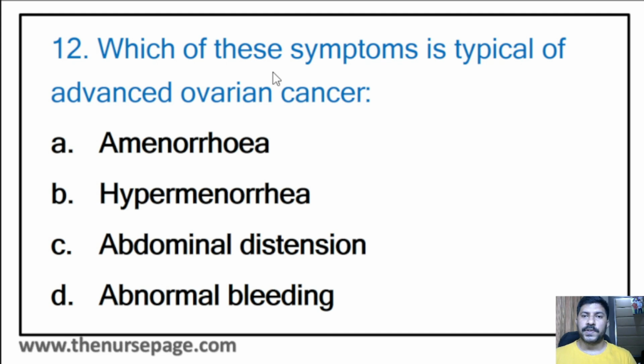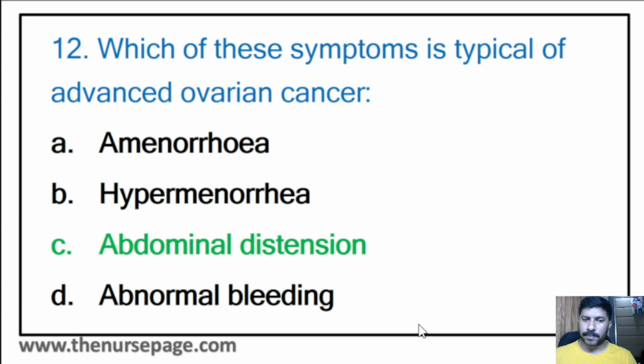Twelfth question. Which of these symptoms is typical of advanced ovarian cancer? Amenorrhea, hypermenorrhea, abdominal distension, abnormal bleeding. Correct answer is abdominal distension. So in advanced ovarian cancer, abdominal distension is the commonest symptom.